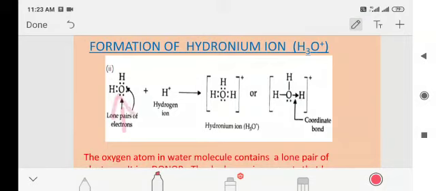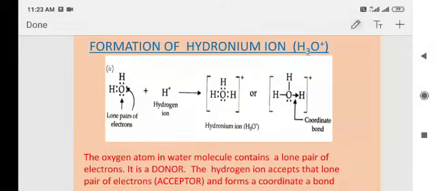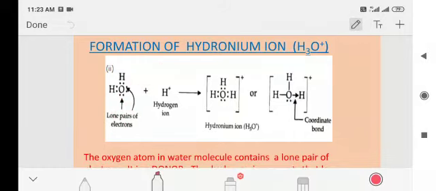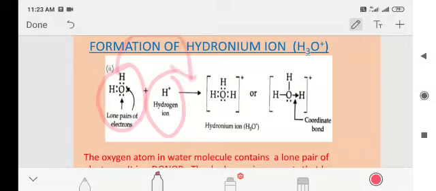You will find 2 lone pairs here. That means these 4 electrons are not taking part in any bond formation. Now such a polar covalent compound is going to combine with an ion. This covalent compound is called a donor and H+ is called the acceptor.